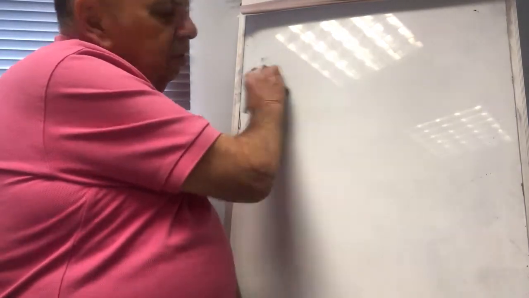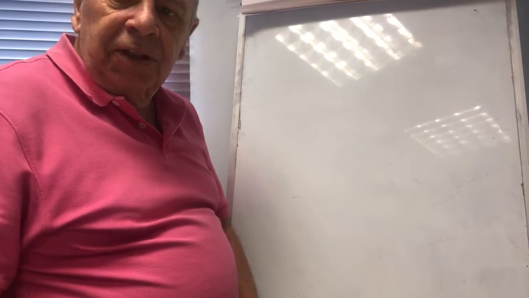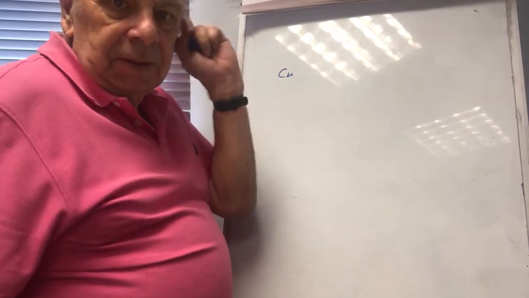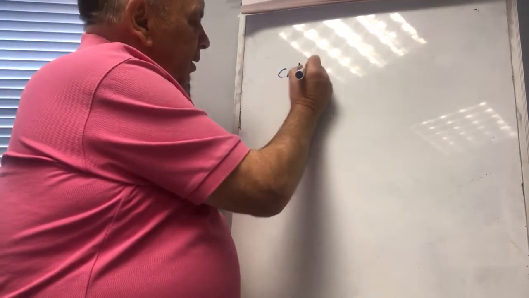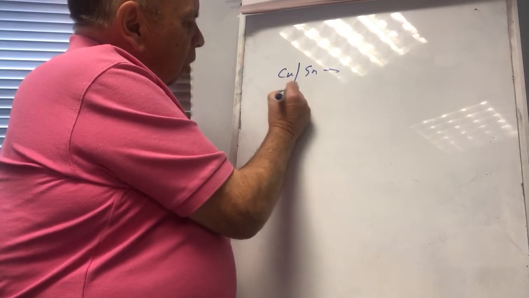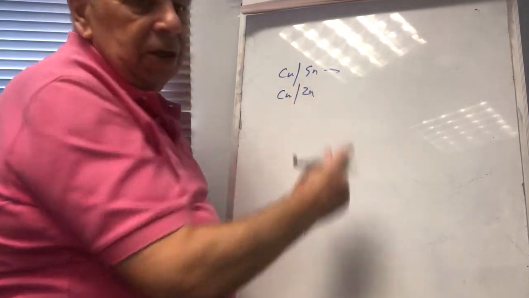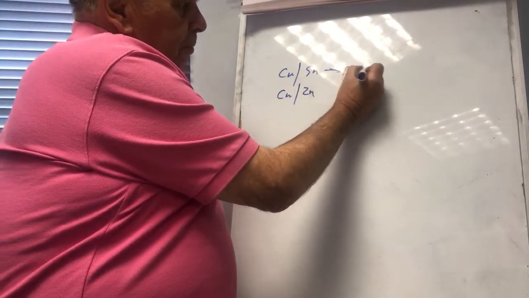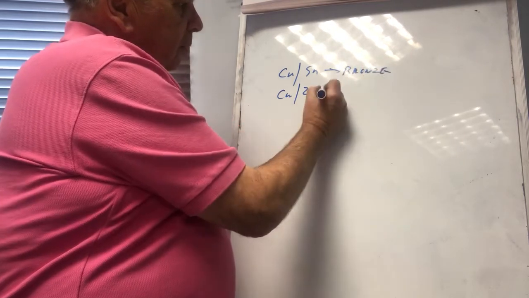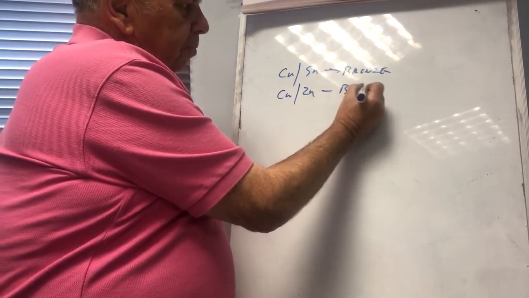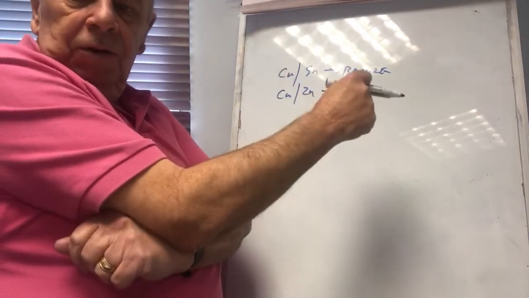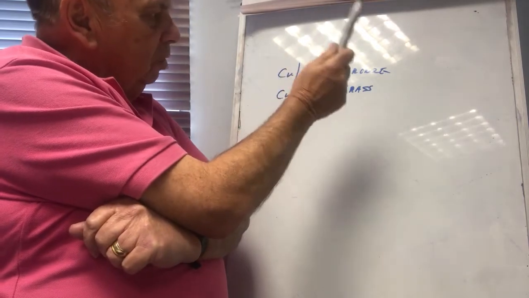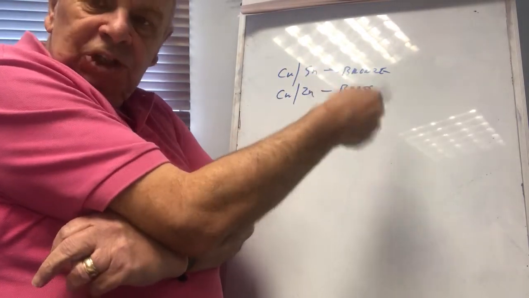Things can be used for different things. For example, if we take copper and it's mixed with tin, or copper mixed with zinc, this makes bronze, and this makes brass. The alloy of copper and tin is called bronze, and that's used for statues.